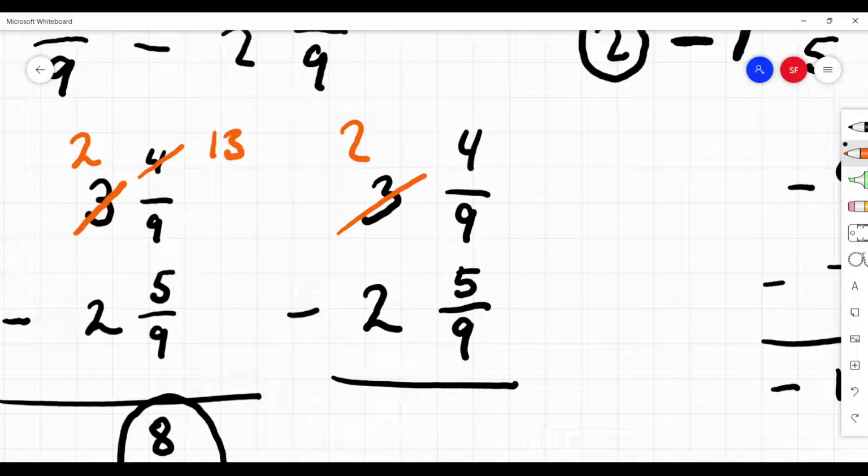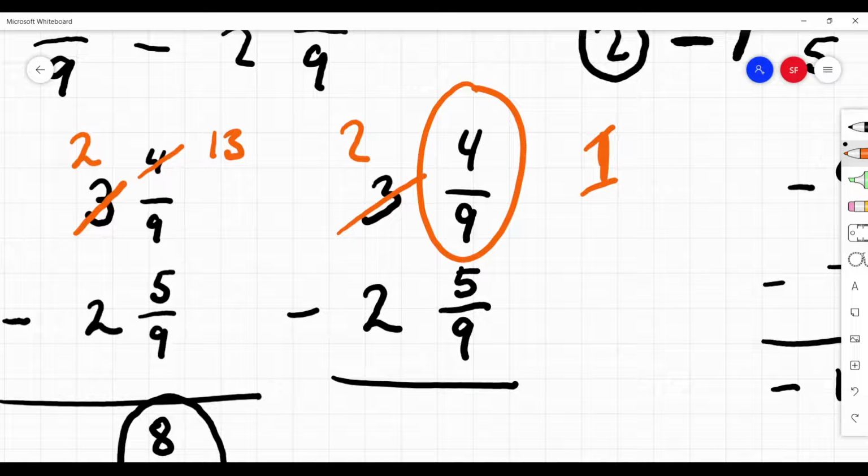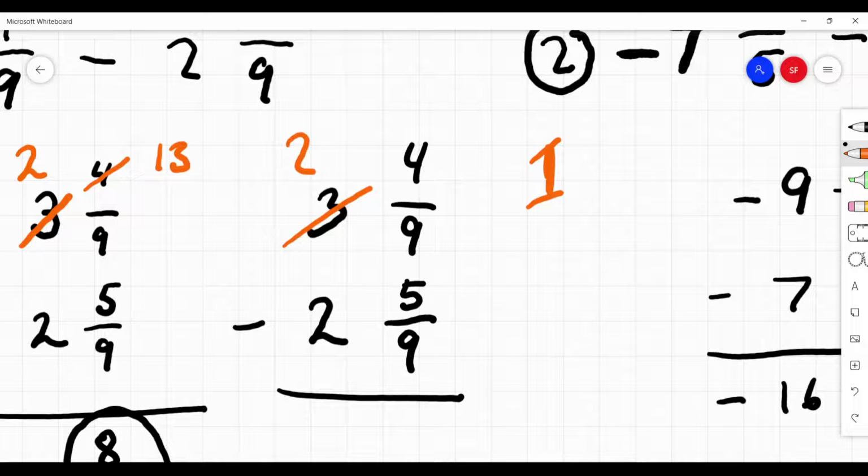That's not your question yet. Now, we're adding 1 to this number right here, right? That's what we do when we borrow. We take 1 away from there and add 1 over there, right? But for this one, we have to do a 1 with a 9 as the denominator, right?